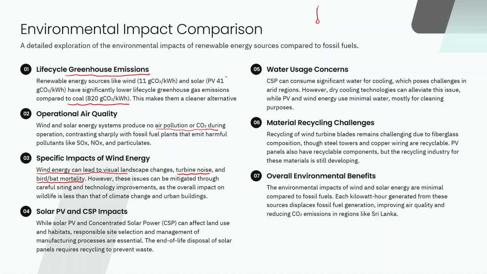Due to the nature of the rotation of the turbine, sometimes the bird can't predict at what time it should pass the turbine blade, right? So they hit the blades, and sometimes they die.